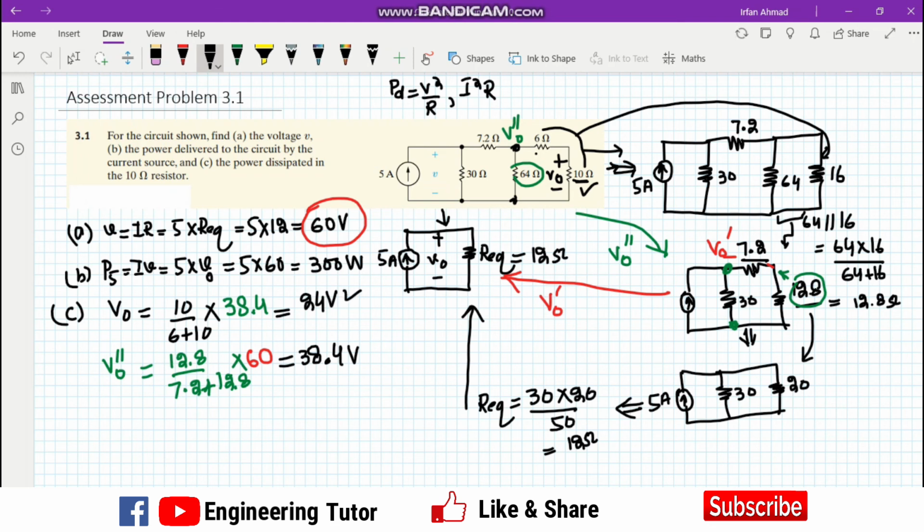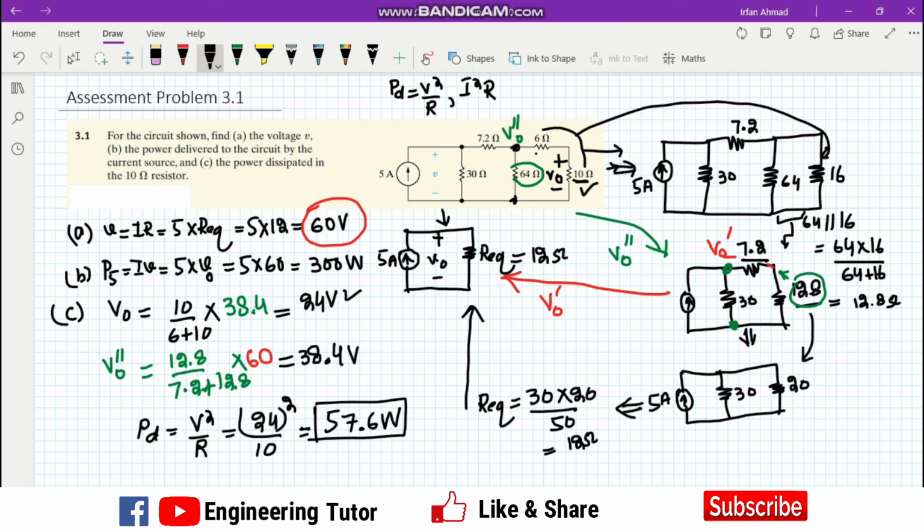So now to find the power dissipation, PD is equal to V square divided by R. The value of V square is 24 whole square divided by this 10. So when it is calculated, it was 57.6 watts. So it is the desired value which is asked in part C of this question.